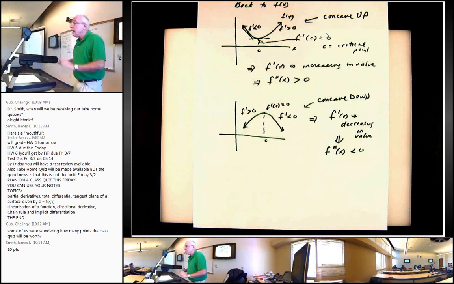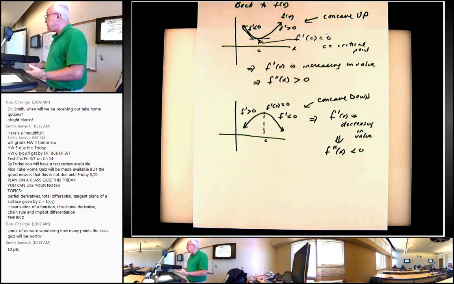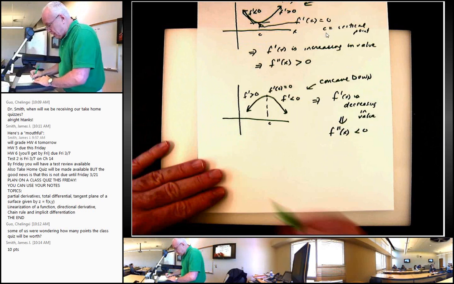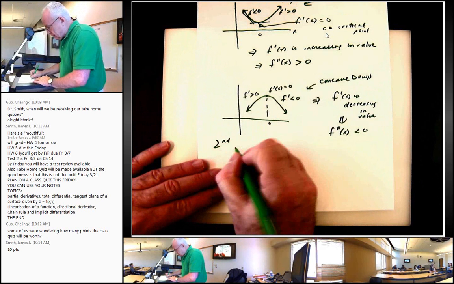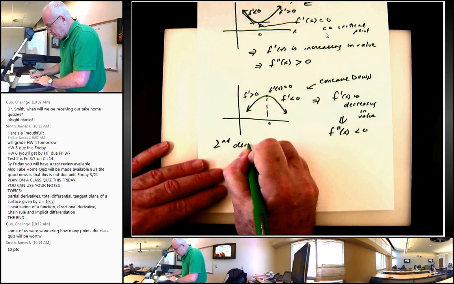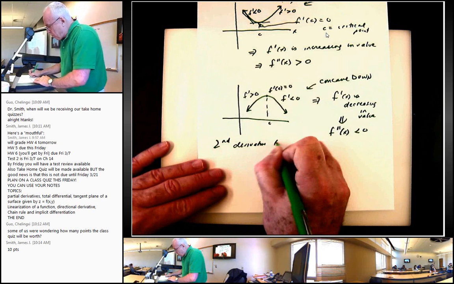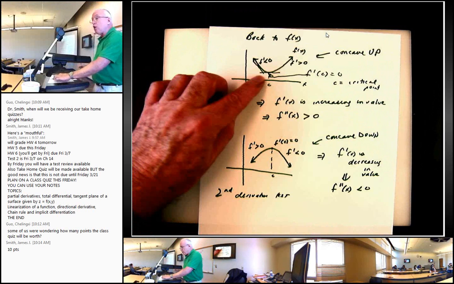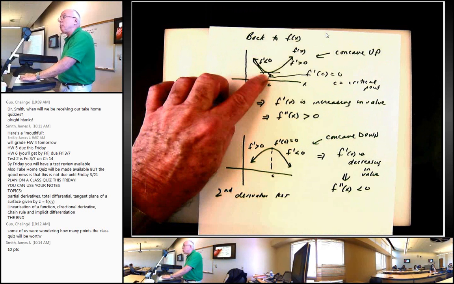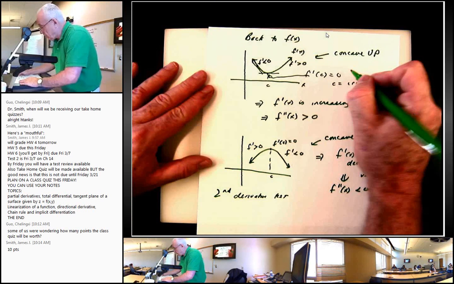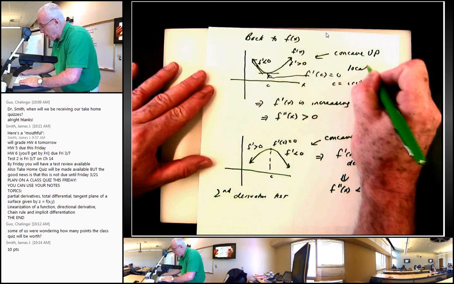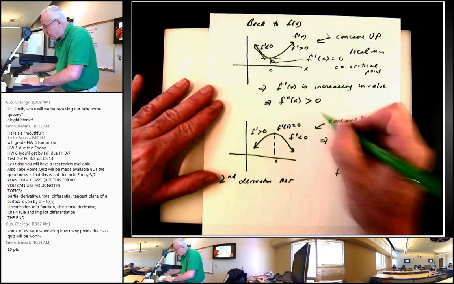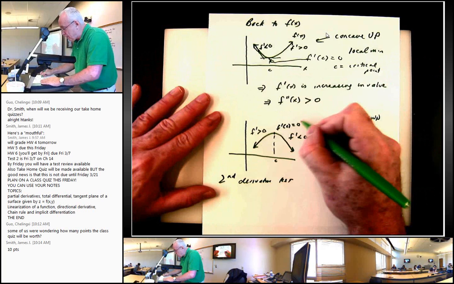Okay. Now let me just write down specifically what the second derivative test was. Second derivative test. Oh, before I do that, what do we have here? On our first graph, we have a local minimum. My second graph, it flipped around, we had a local maximum.